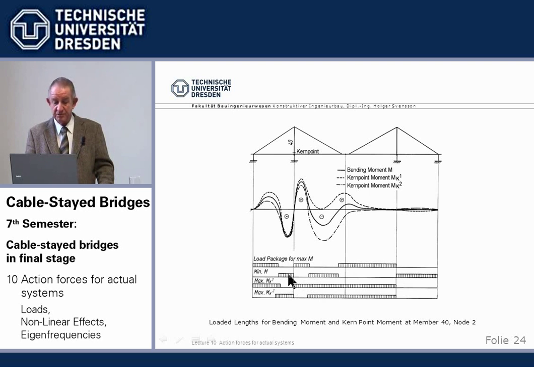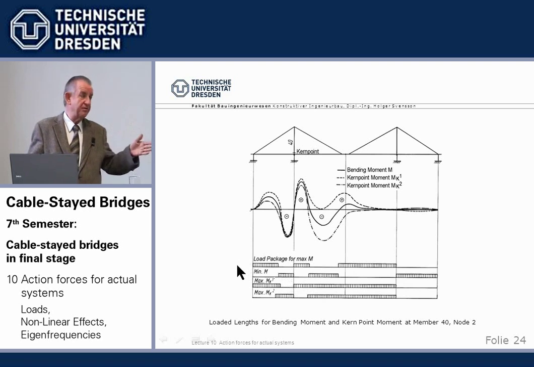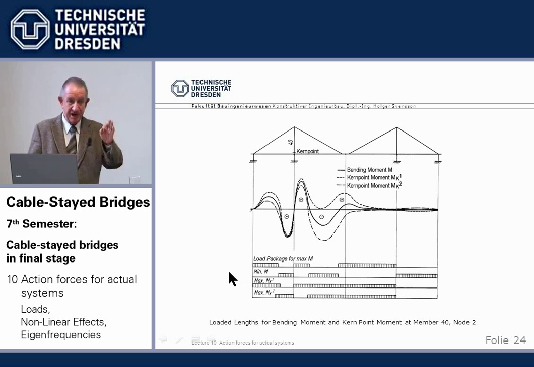Now, if we look into the kern point moments, then we find, the way I've told you, if we superimpose moment influence line plus k times normal force influence line, a partial influence line, depends on the relation between section modulus, what we call W in German, S in English, Widerstandsmoment, to area.